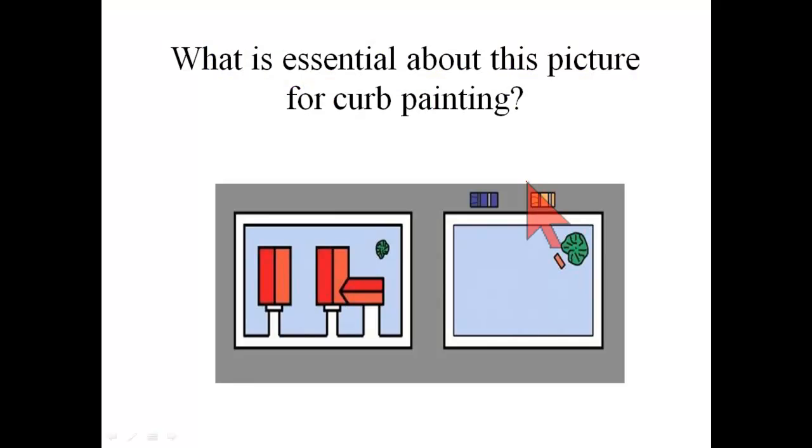Let's simplify the picture a lot. Instead of this huge subdivision, let's just look at a couple of city blocks like this and ask ourselves, what's relevant about this picture? Well, the tree, the car, the house, the sidewalk, none of that has any bearing on how we decide to go about painting the curbs. What's essential about curb painting is, of course, curbs.